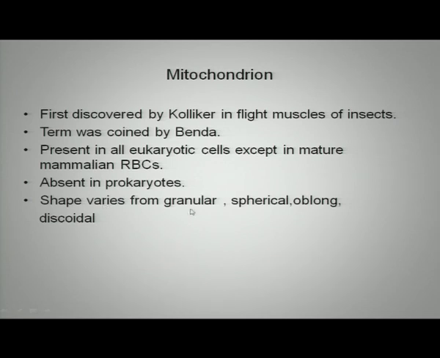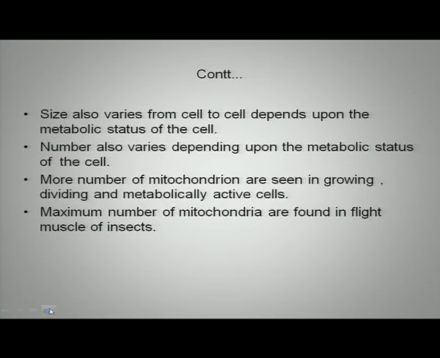Now regarding its shape, it varies from granular, spherical, oblong or even discoidal. The size of the mitochondrion can also vary from cell to cell depending upon the metabolic status or the function of the cell.